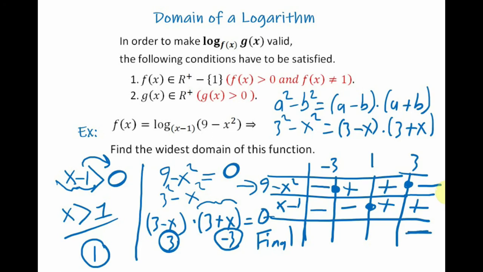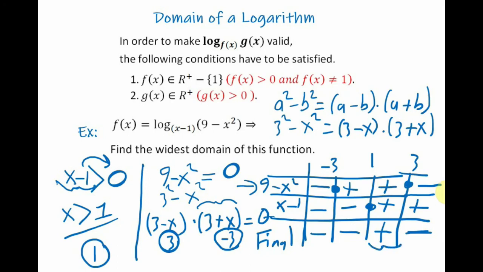If you take the intersection, we have to have positive in both places, on both functions. Here we have positive for both. Here we don't have positive in both places. Here we don't have any positive. So this is what we have as positive.